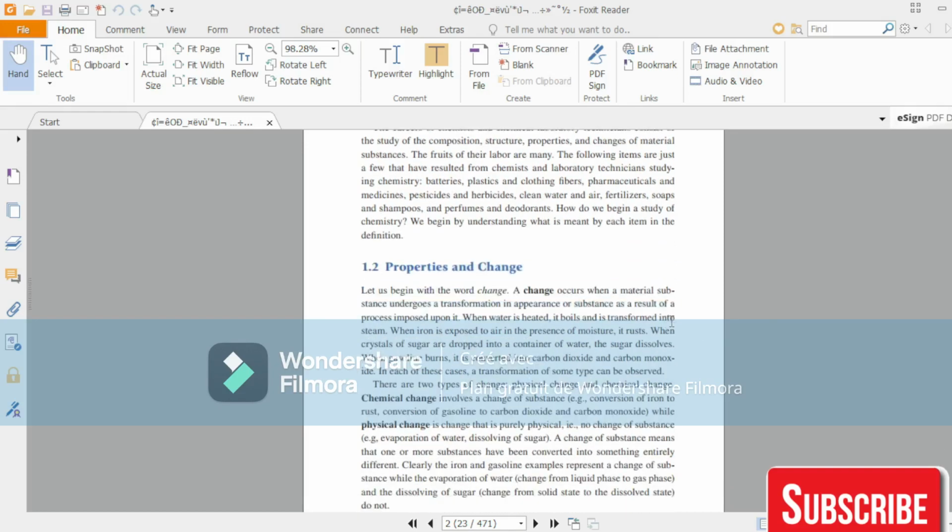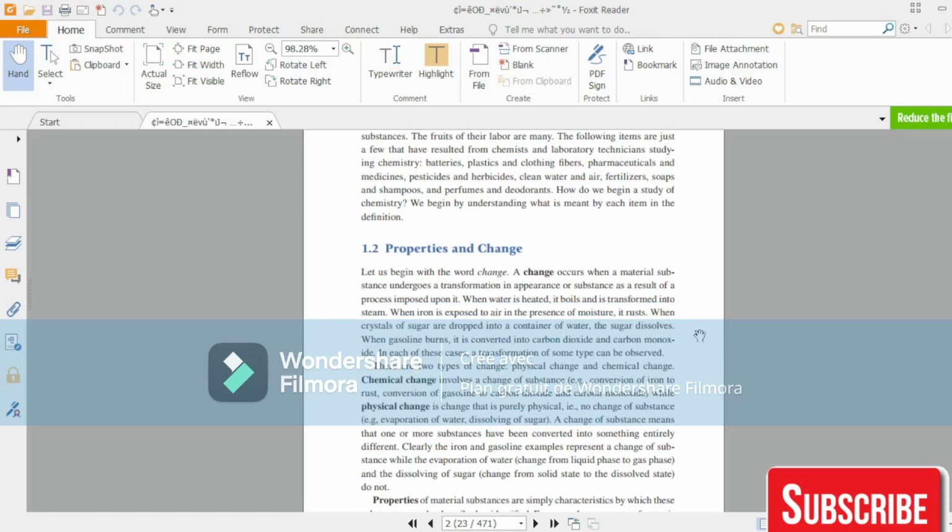So what are properties and change? Let us begin with the word change. A change occurs when a material substance undergoes a transformation in appearance or substance as a result of a process imposed upon it. When water is heated, it boils and is transformed into steam.